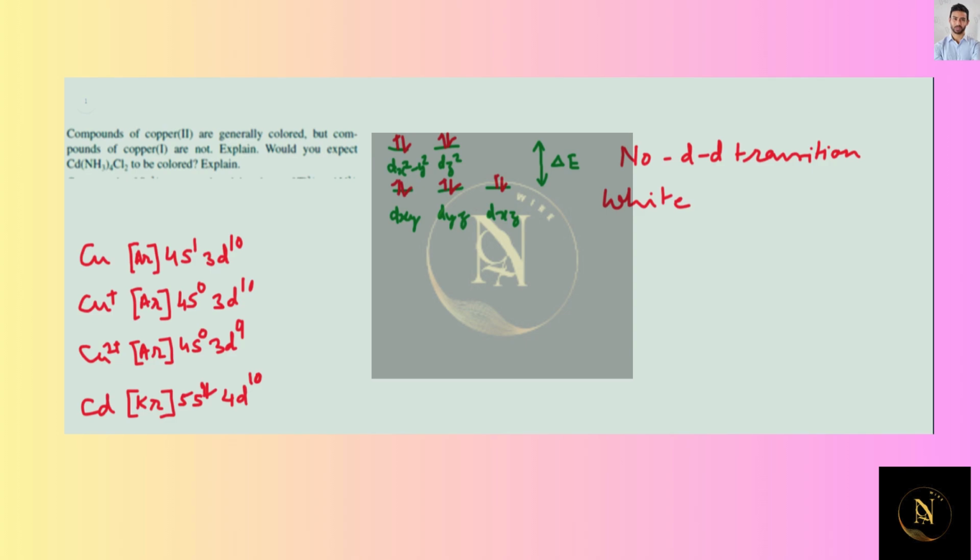So this should be 2+. Now, according to this electronic configuration, we have to understand which substance will be colored and which is not.